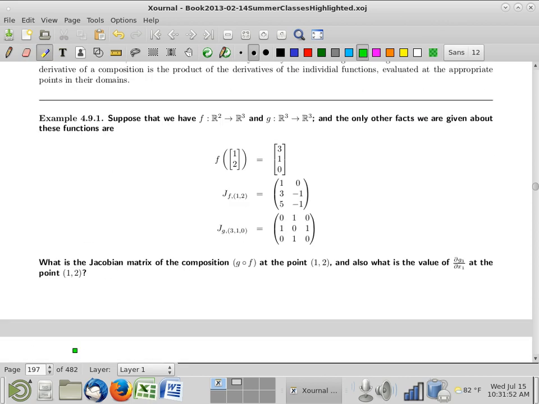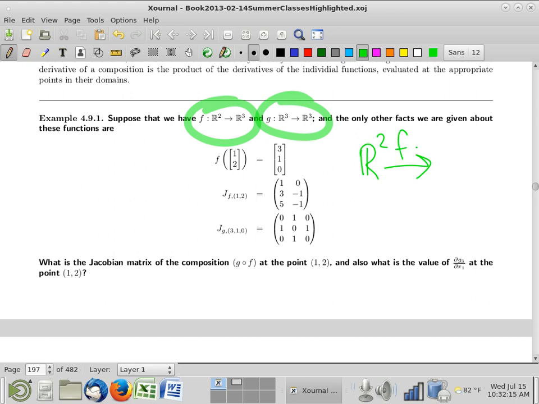So now I'm going to start off with one that's fairly abstract just to get the ball rolling. In other words, I'm not going to tell you what these two functions are. I'm just going to say, suppose we have two functions that we're composing. So in particular, we have f that goes from R2 to R3, and then we have g that goes from R3 to R3.